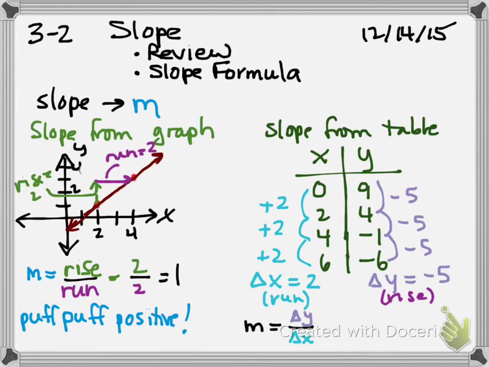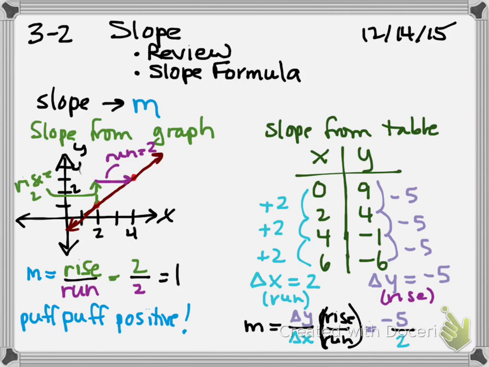And again, I'll put the parentheses here. This is your rise over your run. And we just put the numbers in, and we get negative 5 over 2. And that would be the slope for this particular one: negative 5 halves.